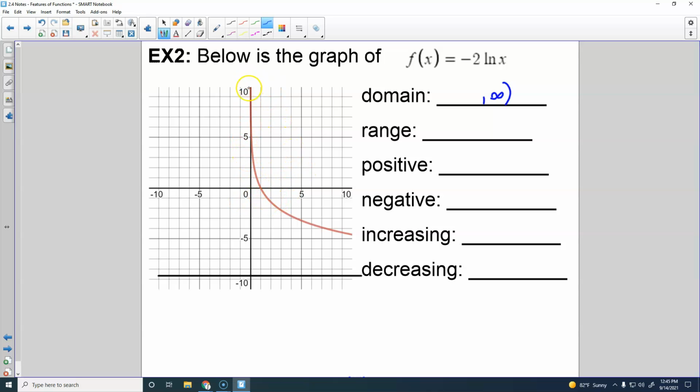We do. It's right here at 0. Remember, with natural logs, whatever's in here has to be positive. So x has to be greater than 0 for this. So natural logs have vertical asymptotes. Exponentials are always negative infinity to positive infinity. So this stops right here at that x-axis. So we would say 0 to infinity here.